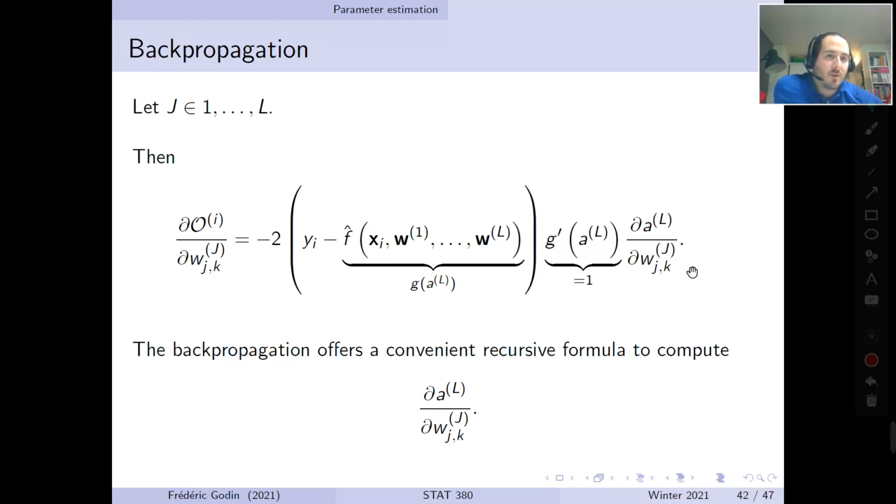What remains to be shown in the next slides is how to compute these for arbitrary values of capital J, small j, and k. The backpropagation algorithm provides a recursive method to compute these derivatives that are still unknown at this point.